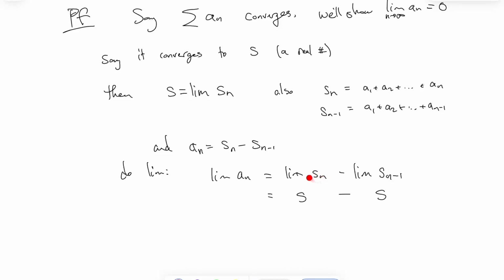When this n goes to infinity, you get S. When this n goes to infinity, you are also going to infinity here, so you also get S. The fact that there's a minus 1 doesn't matter. This sort of lags behind by 1 step, but in the limit, as n goes to infinity, you get the same thing. And S minus S is 0. So what I just said is that the limit of an equals 0. And that's what we were going to show. The limit of an is 0. All right?